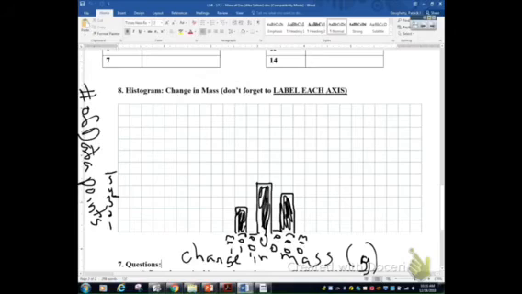So it's a way to visually represent what all of the data was for the classroom. When you look at this, for example, 2 groups, their mass went down by 0.02. 4 groups, their mass stayed the same. For 3 groups, they went up by 0.02. So this is change in mass for the experiment when it was a closed system.